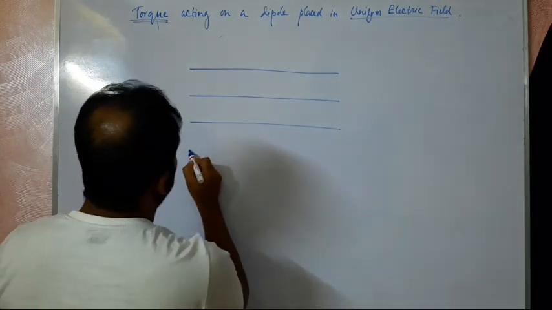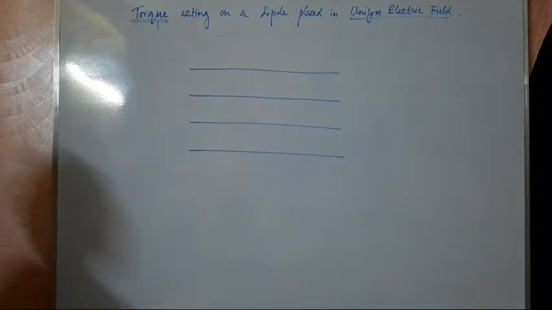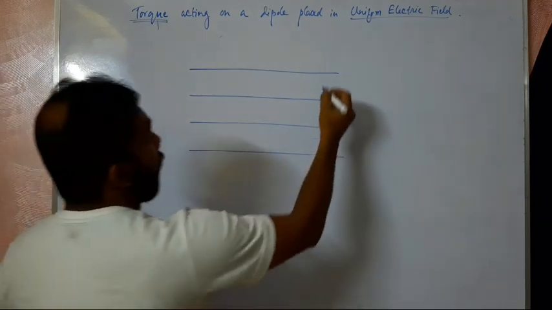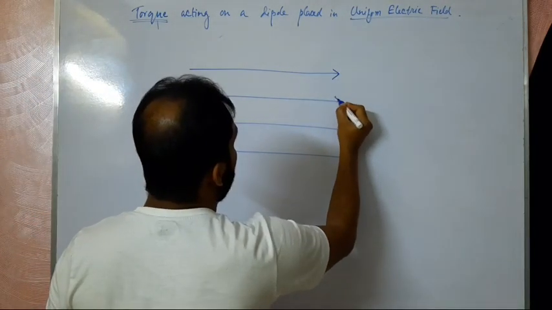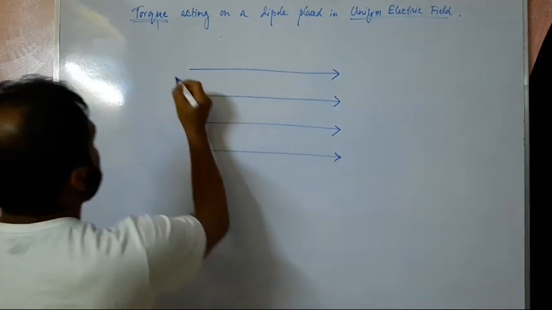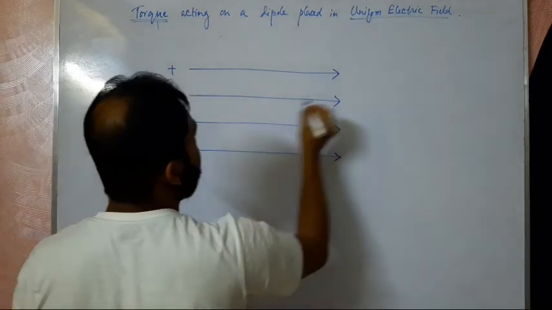So, a uniform electric field is depicted or represented by parallel lines of force, and the direction of the electric field is of course from the positive towards the negative.